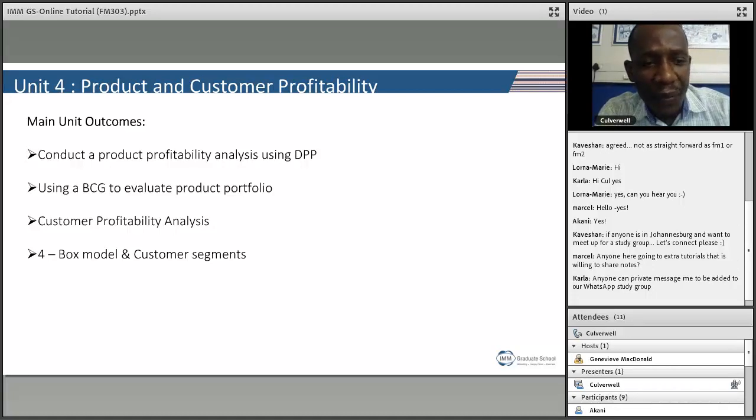So in your customer profitability analysis, you then use the 4-box model to interpret your portfolio, which will be your services portfolio. It's also stipulated in your learner guide, and they explained it so well, so I advise you guys to go through that. So that is basically the main important elements or outcomes on learning unit 4.